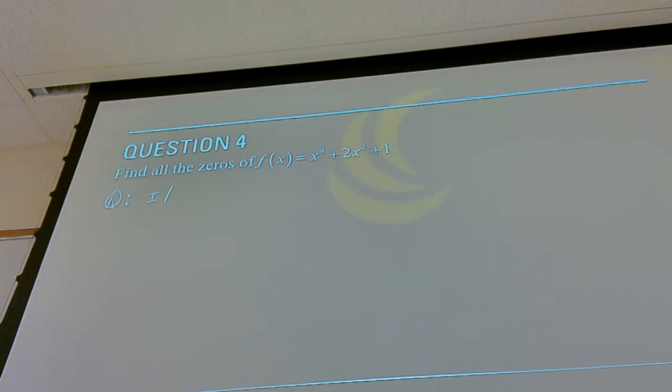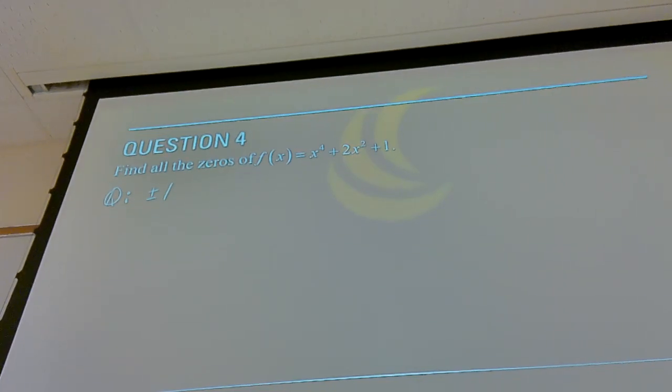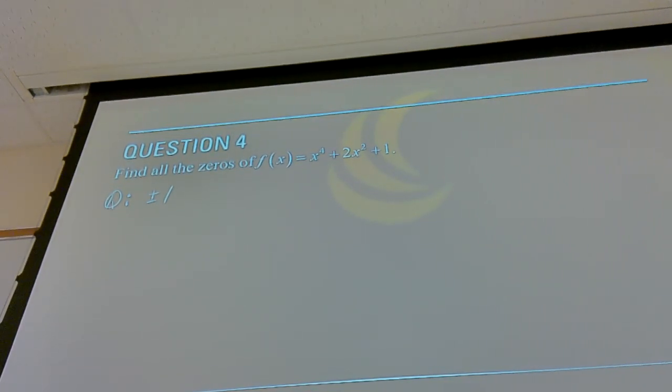How would you proceed then? Because the method that we've been doing requires there to be at least one rational zero. And there are none. You're overlooking something.